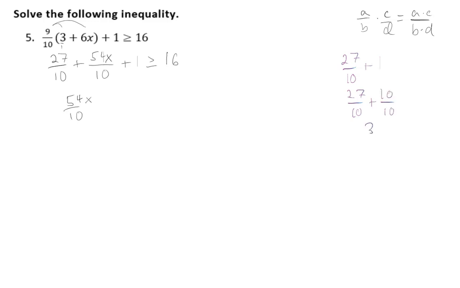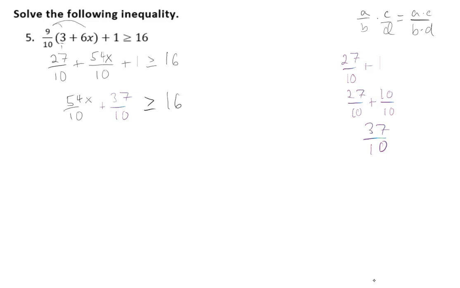So that would be 37 over 10. Okay, so plus 37 over 10. Bring down greater than or equal to 16.